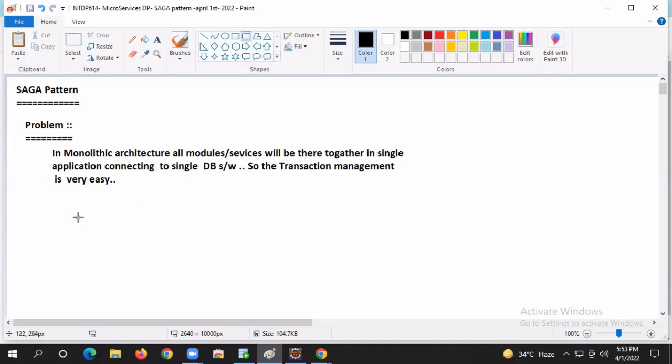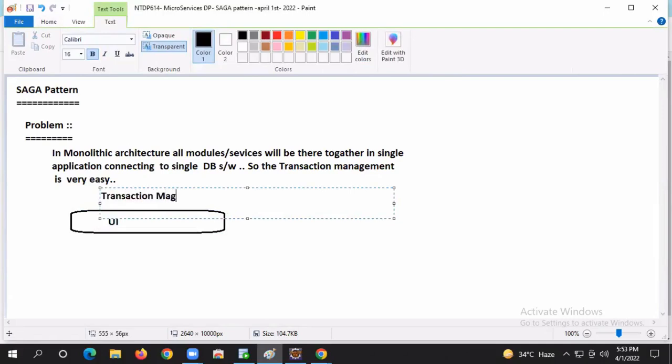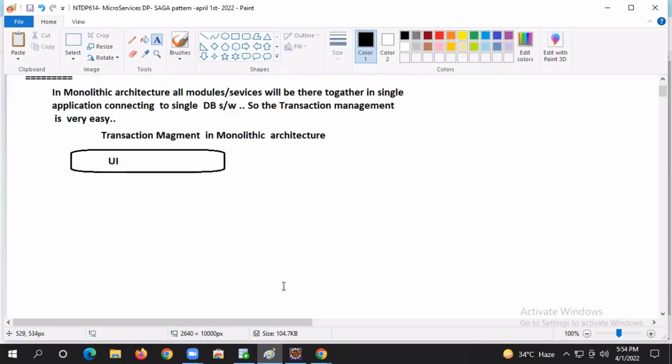Here we have the UI, guys. Transaction management in monolithic architecture.